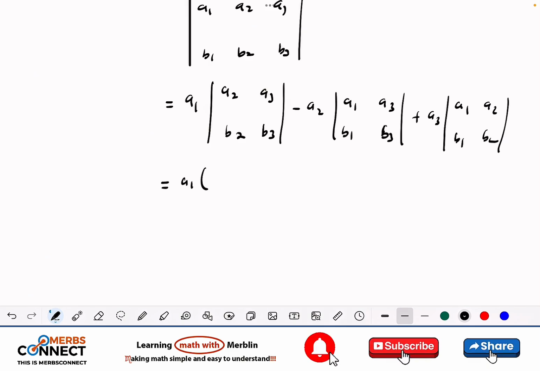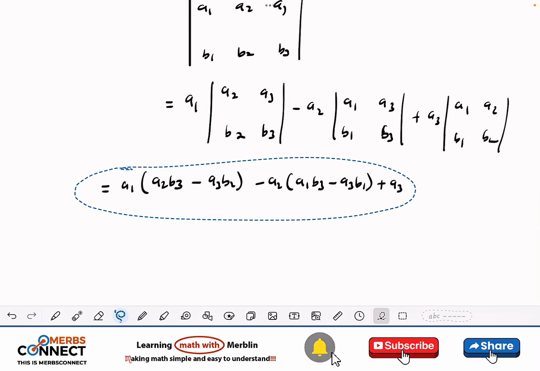So A1, this will be A2B3 minus A3B2, minus A2, A1B3 minus A3B1, plus A3. Let me shift this one small here.